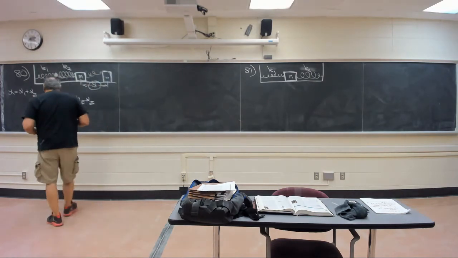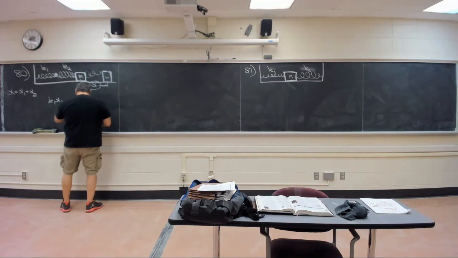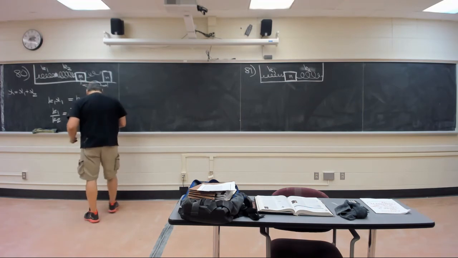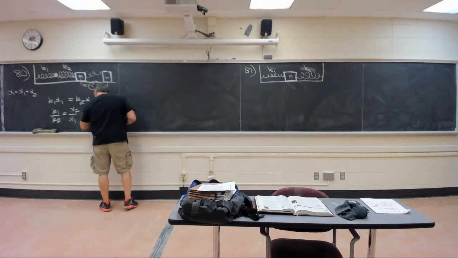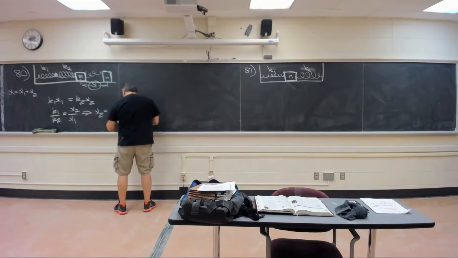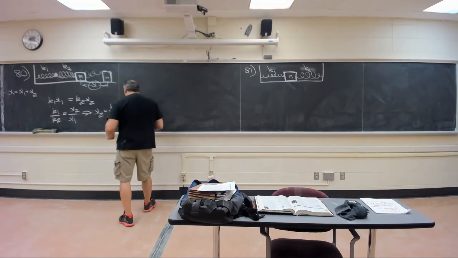So what does that mean? Well, if you divide by K2 on each side and divide by x1 on each side, K1 over K2 equals x2 over x1. If you multiply by x1 on each side, x2 equals K1 over K2 times x1.